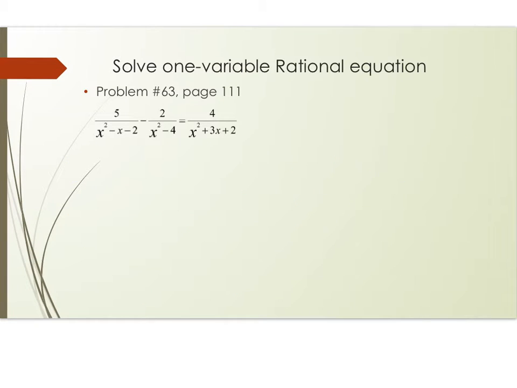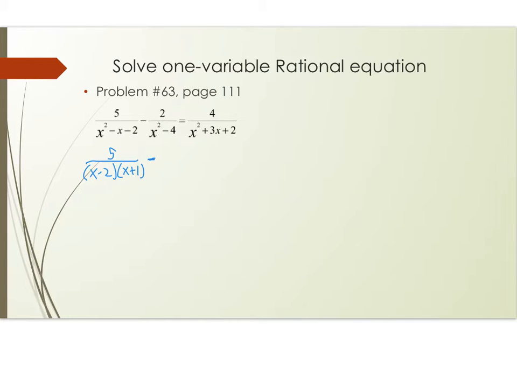So here's my last problem of this section, and for this rational equation, I'm going to have to factor first. So to factor, I notice for this factor here, I'm going to have 5, and the factor is x minus 2, x plus 1.